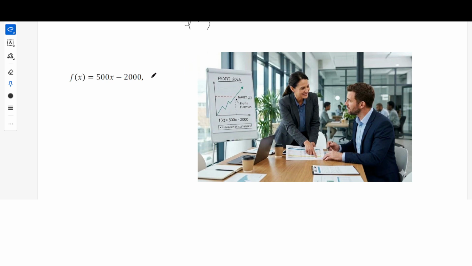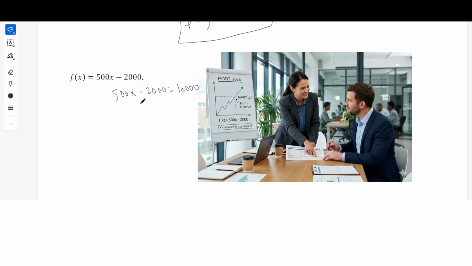Your boss wants to hit 10,000 bucks profit. How do you do that? So to get the $10,000 profit, because this is your profit function, you want this function to be 10,000.